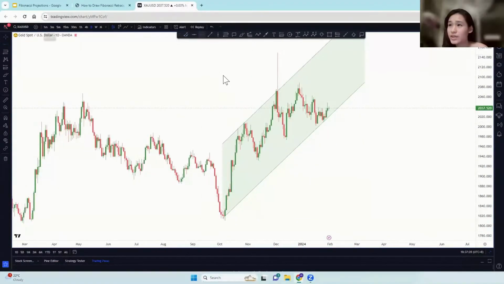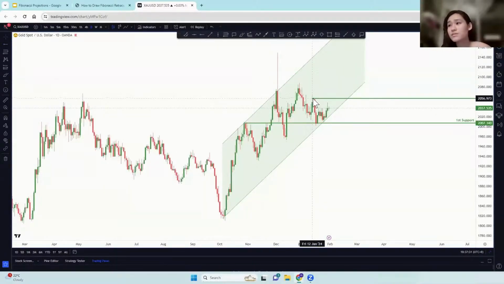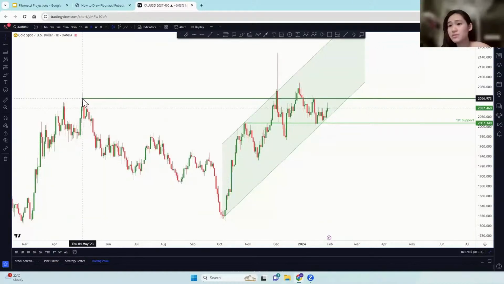Okay, so let's add some support and resistance levels here. Here would be my first support and my first resistance here.